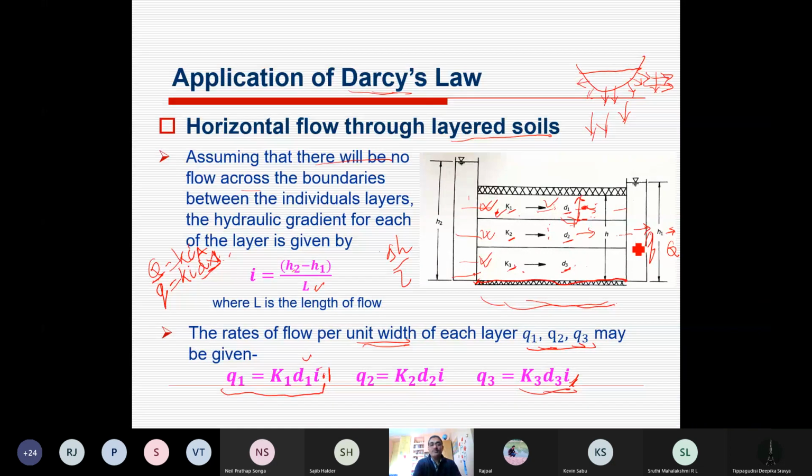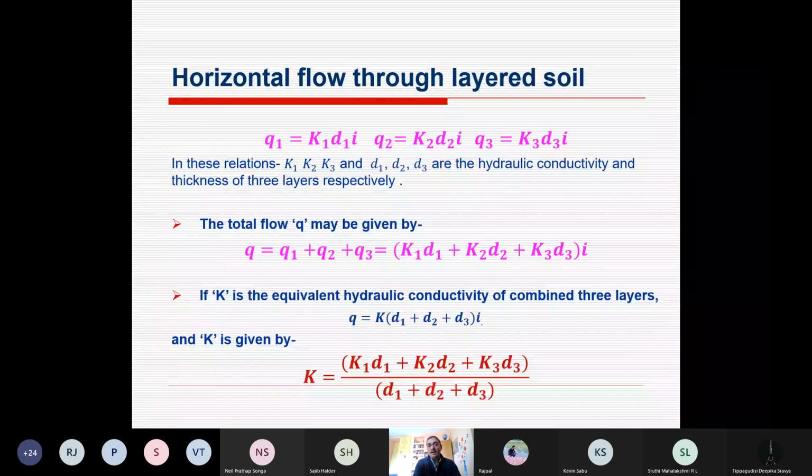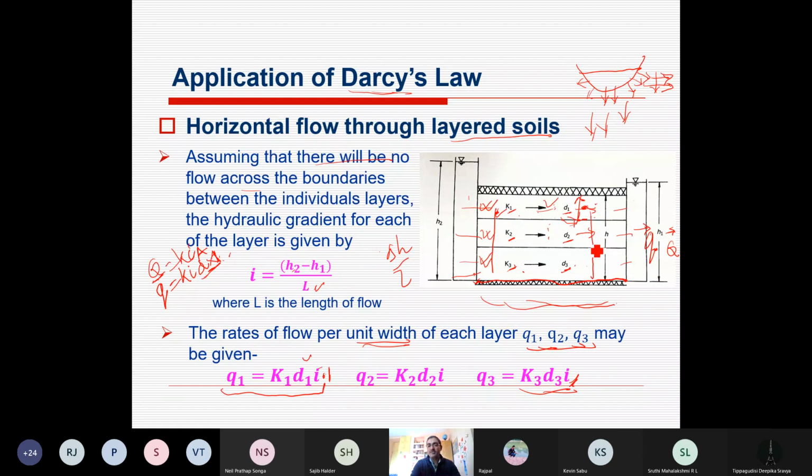So what will be the Q? We can make Q1 plus Q2 plus Q3, adding all these 3 functions, K1 D1, K2 D2, K3 D3, all multiplied by the hydraulic gradient, because the hydraulic gradient between the two points, first point here and second point here, has the same delta H, H1 minus H2, everywhere.